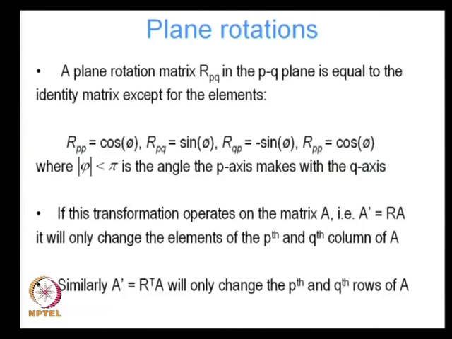We have control over the rotation angle phi. The idea is to choose these phi's, meaning choose this rotation matrix, such that it tries to annihilate the off diagonal terms of my original matrix.